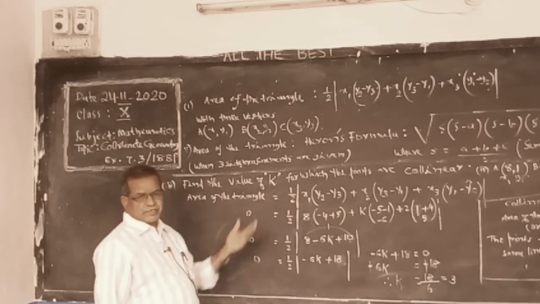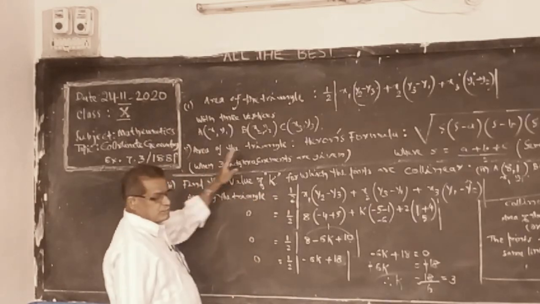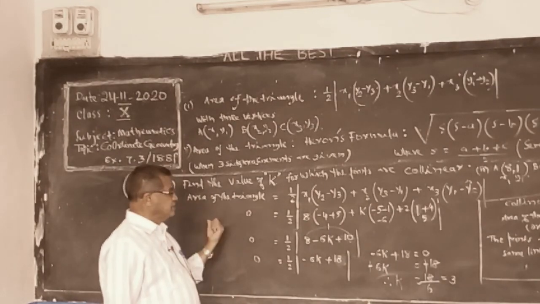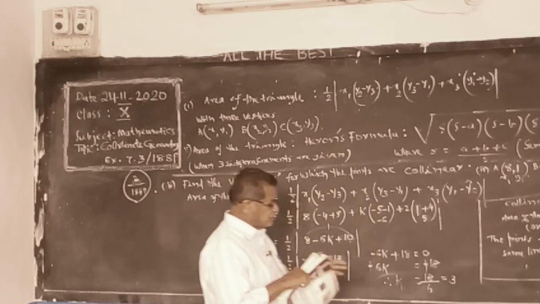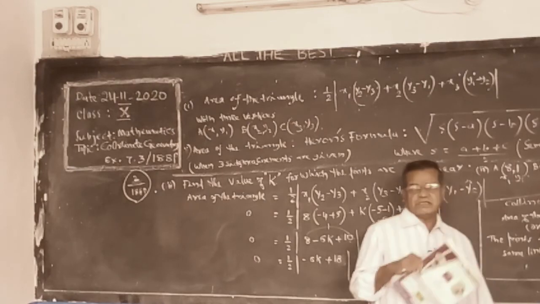In the first exercise, one problem was also given where we could apply the distance formula, or the triangle area. We can use any method. Here it is given in area of the triangle, so we use area of the triangle as 0. Or we can put AB plus BC equals AC, which we did in the first exercise.